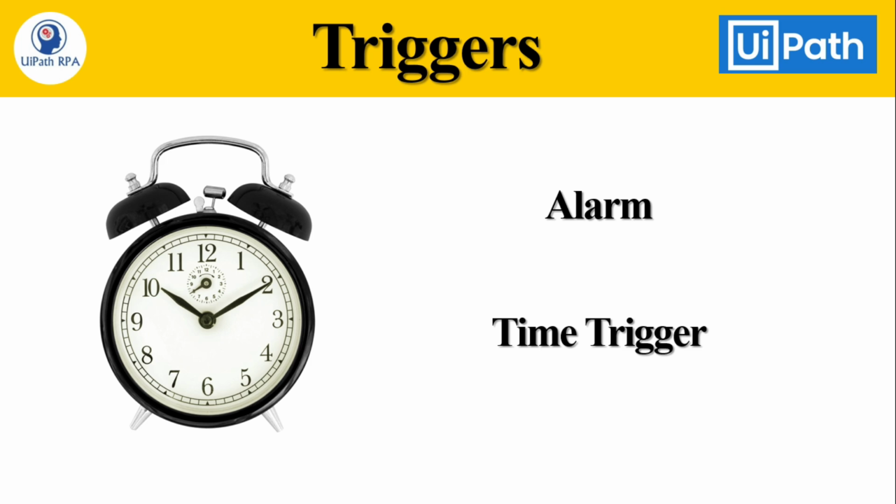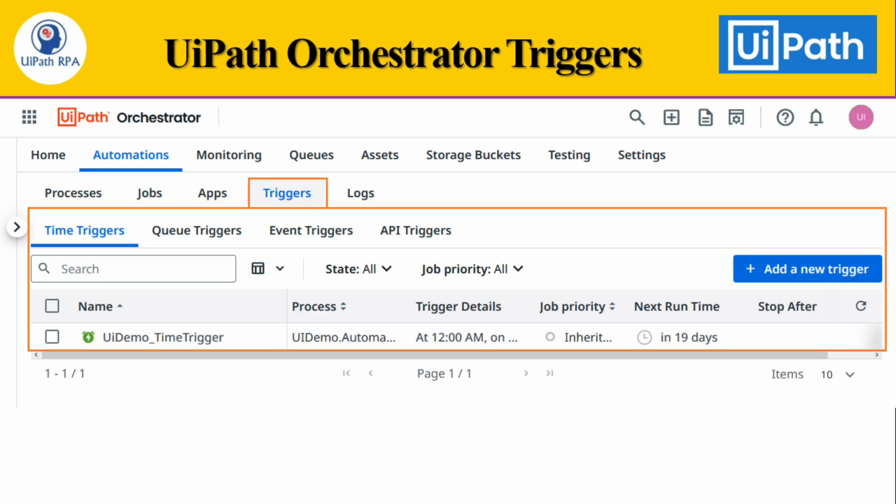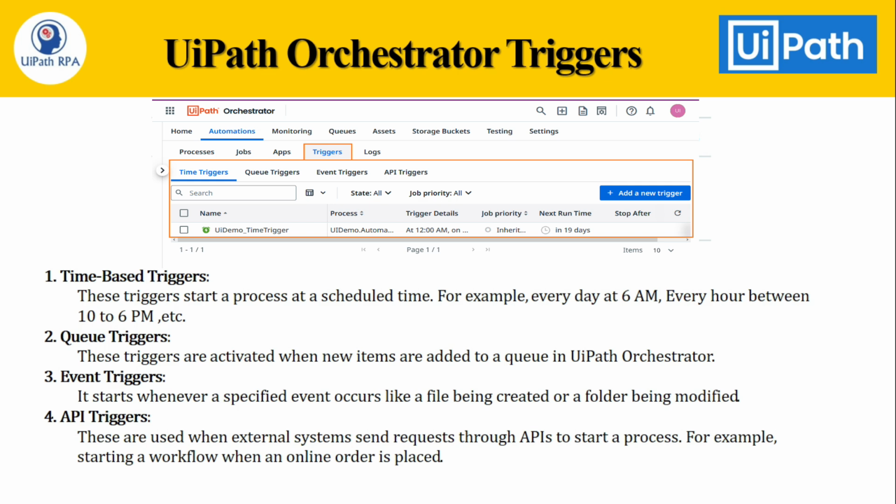Now, as we are talking about triggers, let's discuss UiPath Orchestrator triggers as well. There are four triggers: time triggers, queue triggers, event triggers, and API triggers. Time based triggers start a process at a scheduled time, for example, every day at 6 am or every hour between 10 to 6 pm.